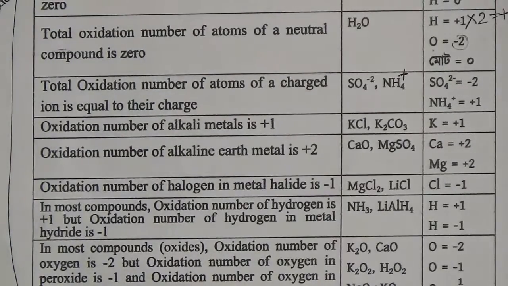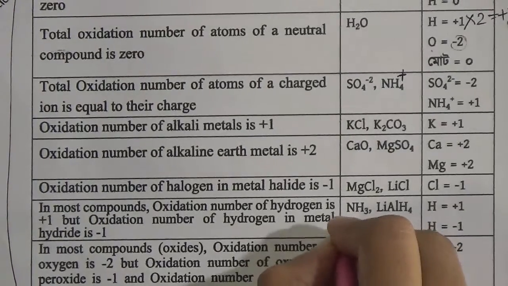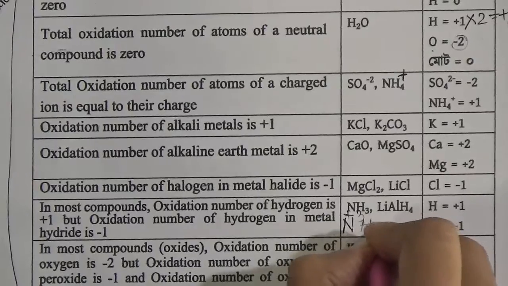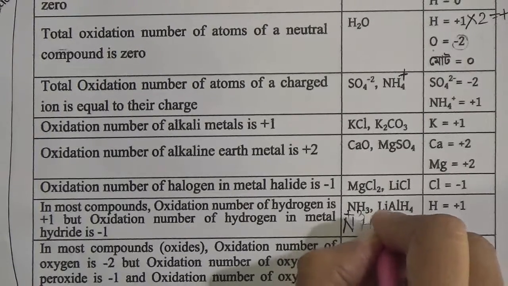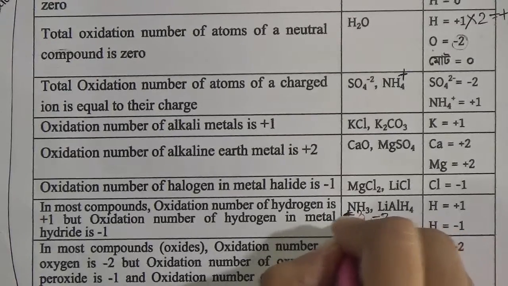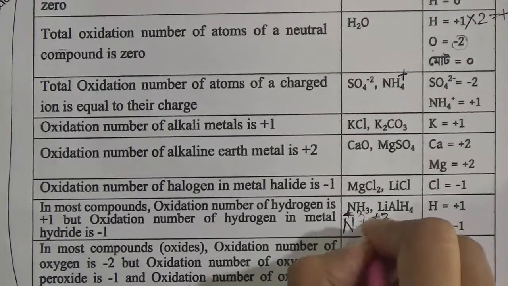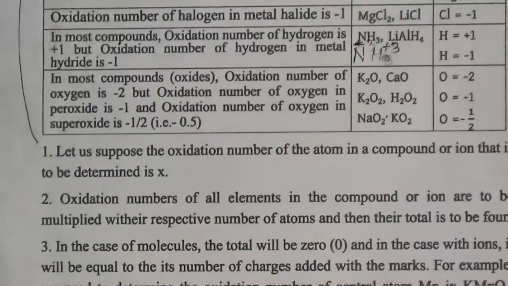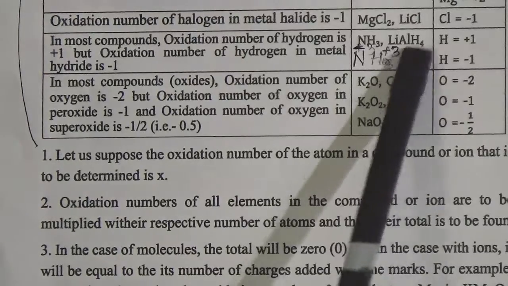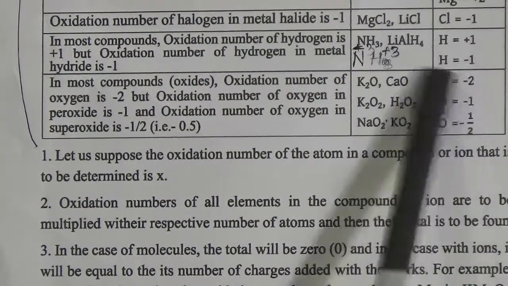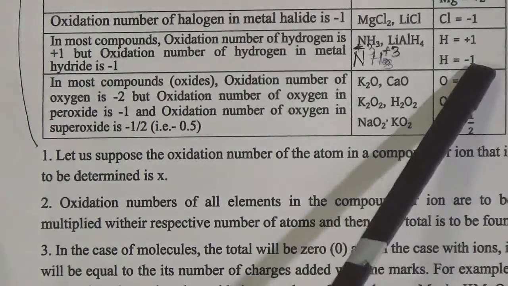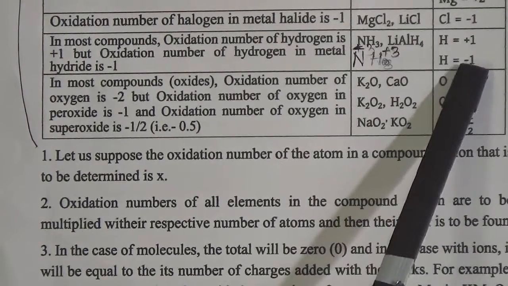In ammonia, if we observe, the hydrogen oxidation number is +1. In lithium aluminum hydride, the oxidation number of hydrogen is -1 because it is a metal hydride.